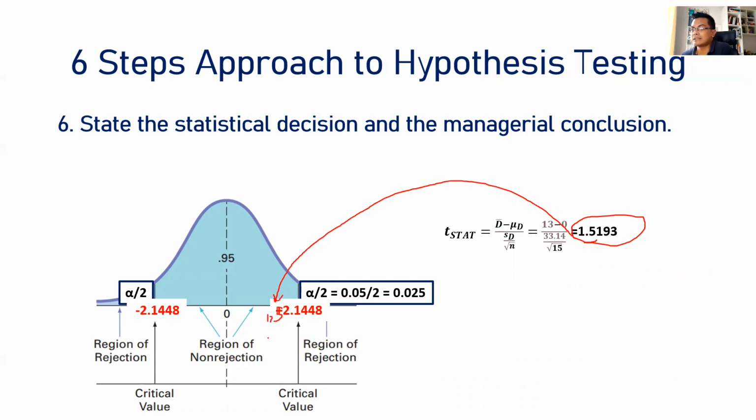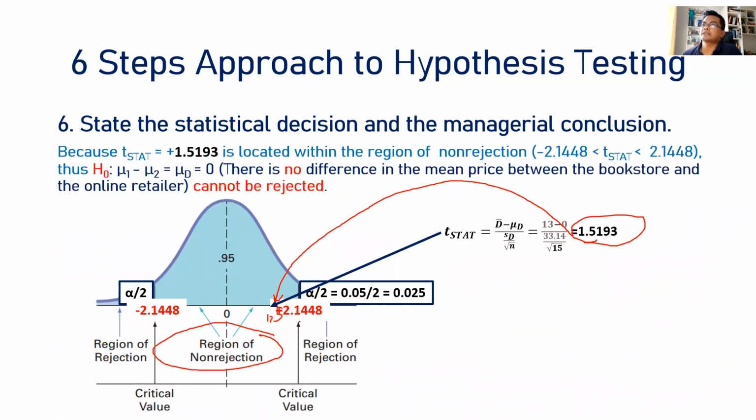So it's located inside the region of non-rejection. Thus, because the t-stat value of 1.5 is located within the region of non-rejection, it is inside this.